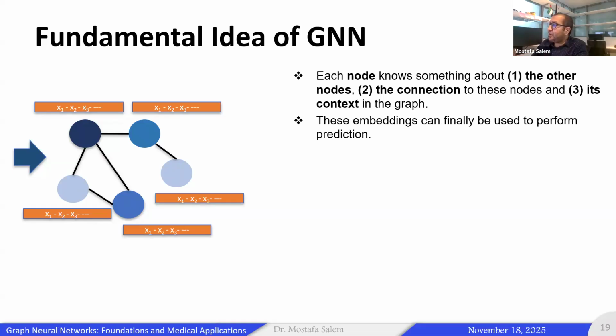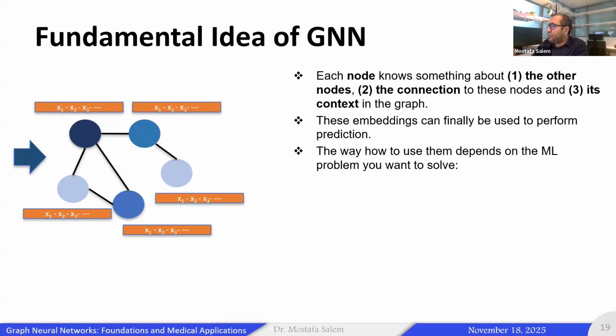These embeddings can finally be used to perform prediction. After learning these embeddings, I can use them to do classification or regression. The way to use them depends on the machine learning problem you want to solve. If I'm doing node level prediction, I will take each node's embeddings and pass them to a classifier or regression.